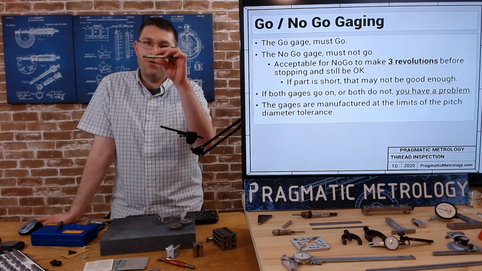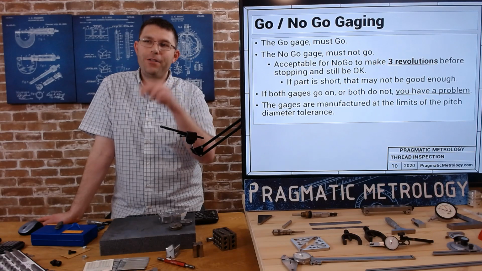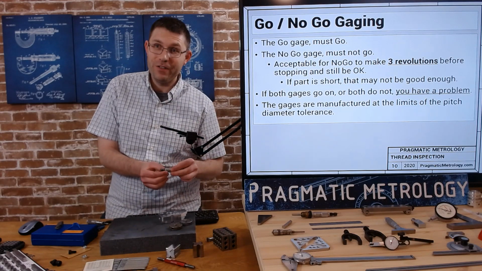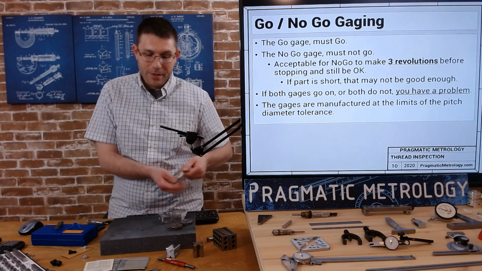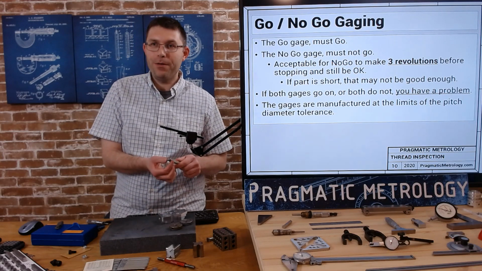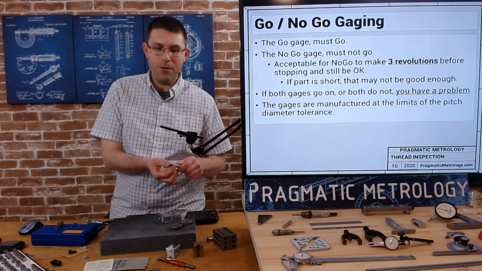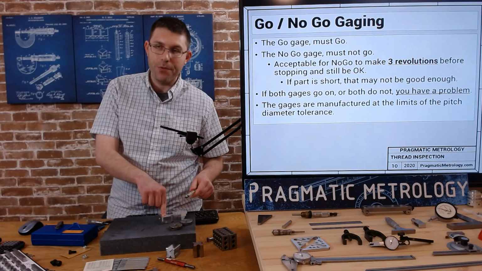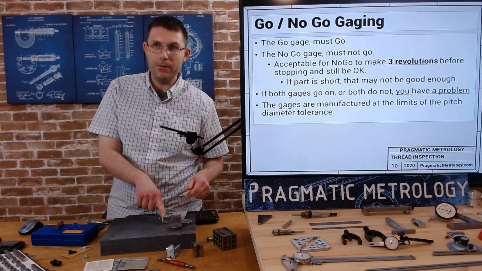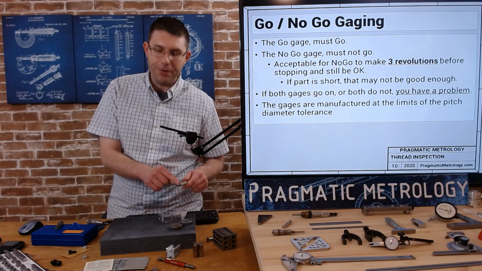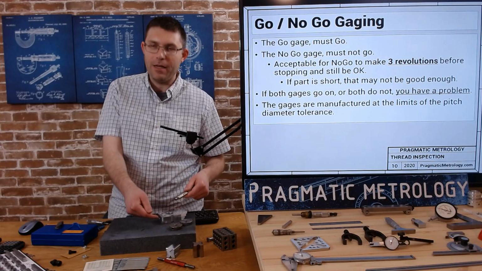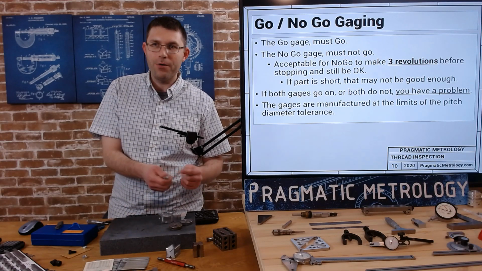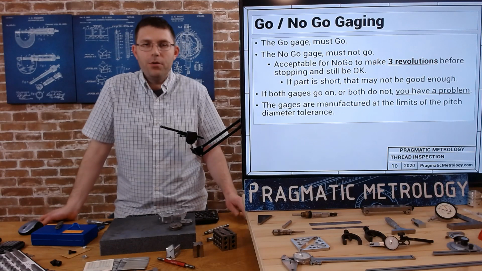Now some of your NoGo threads are only 3 or 4 turns to begin with, but we're not so concerned with how many threads are on the NoGo. We're more concerned with how many threads this revolves into. So there's more threads on here than on here. So if you can get to the 7th or 8th thread with the NoGo, your hole is too large.